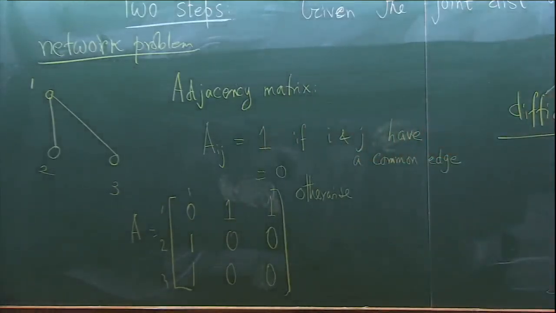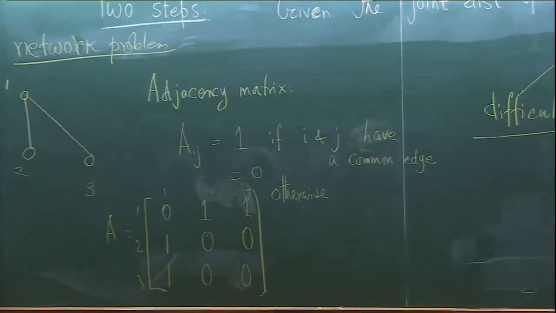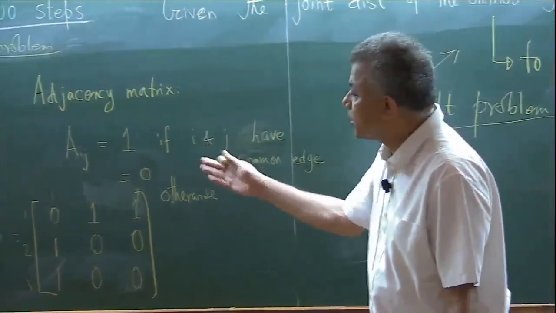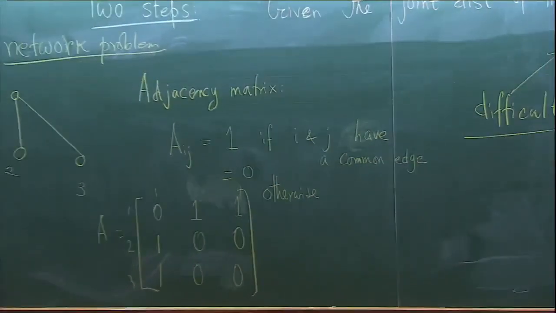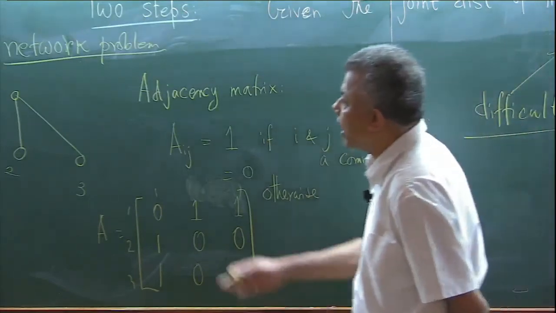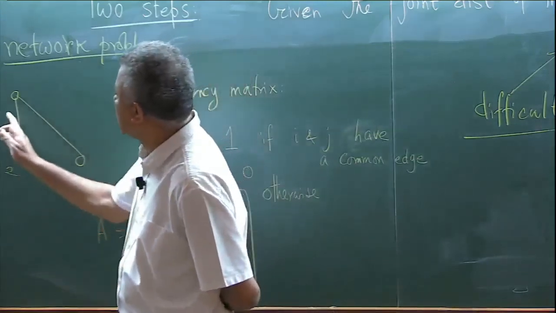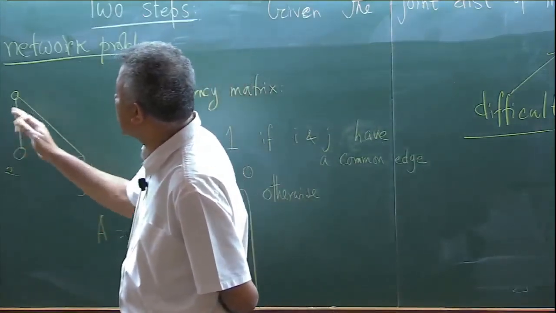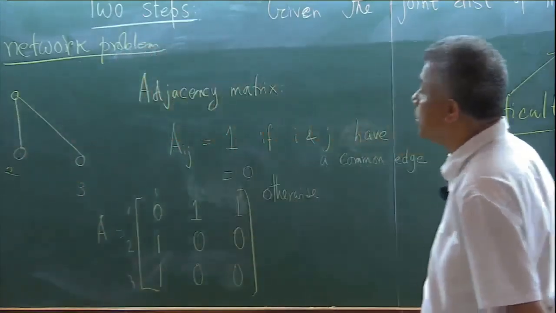What you see is that the adjacency matrix is a sparse matrix, because many entries will be 0 since there is no direct link between the nodes. Now, say I give you a random graph, meaning that some links are there with some probability, and with some probability they are not there.